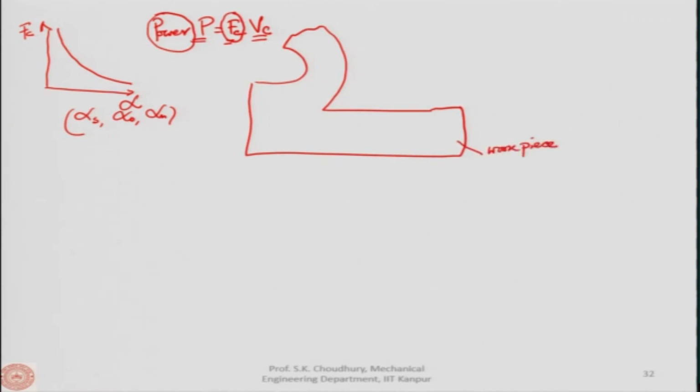Okay, this is the workpiece, this is the chip flowing. Let us say chip velocity is this. And of course, this is the tool.